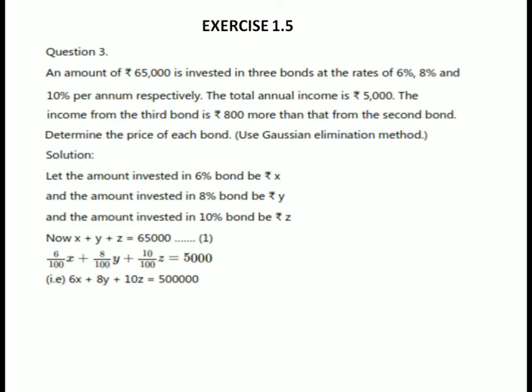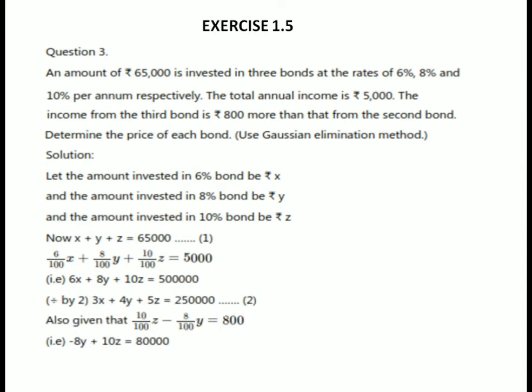Now the first equation you write and divide by 100, you get the equation 6x plus 8y plus 10z equal to 5 lakhs. Then you divide by 2, you get the second equation. Third equation you divide by 2, you get the third equation.